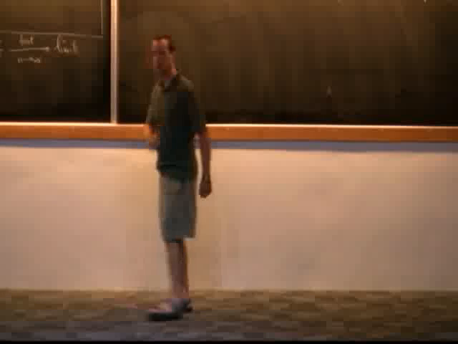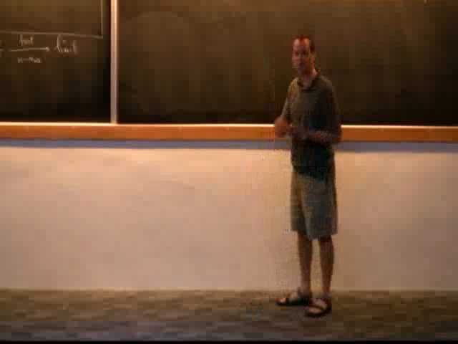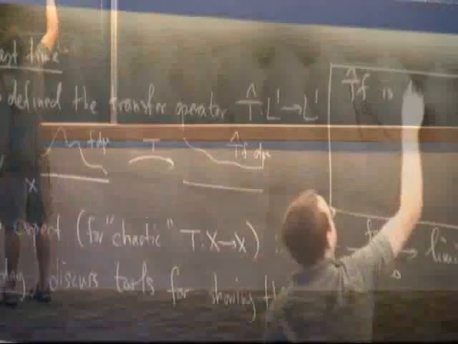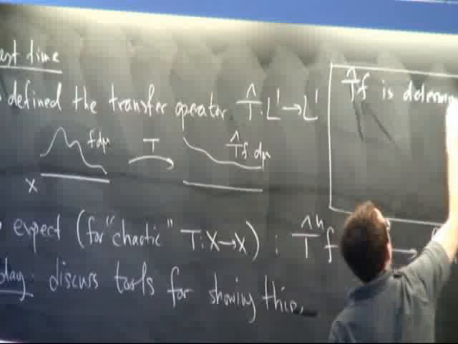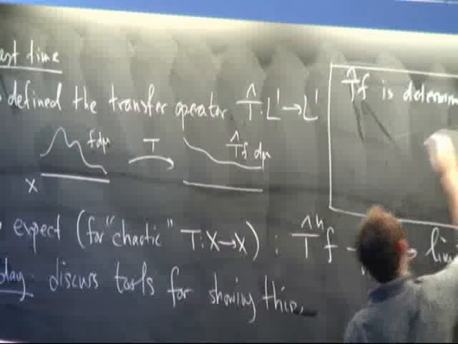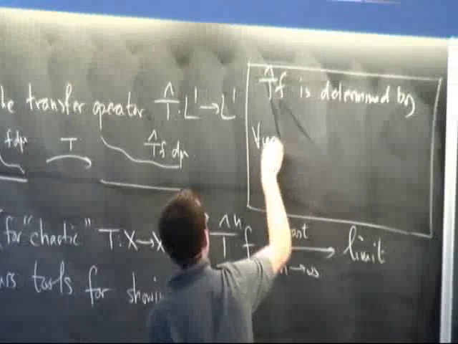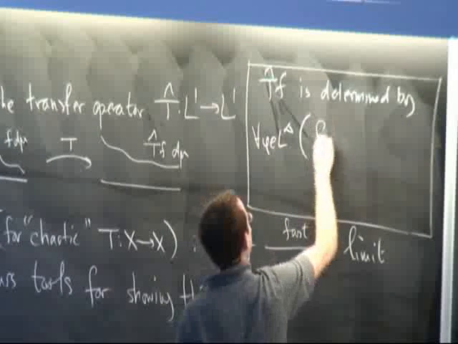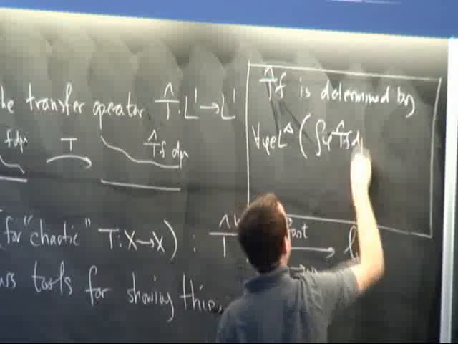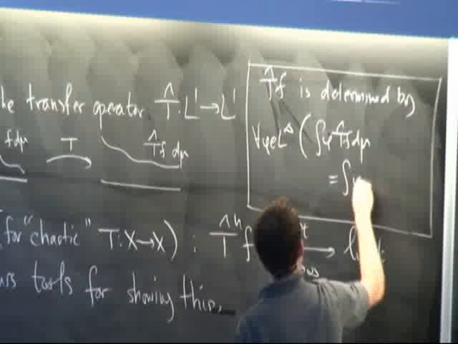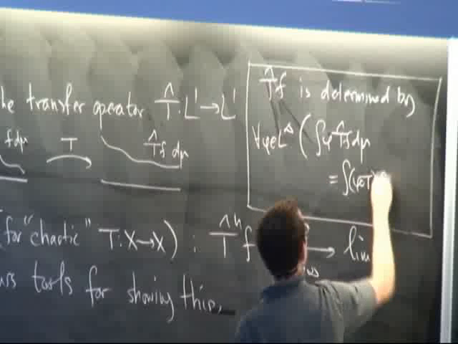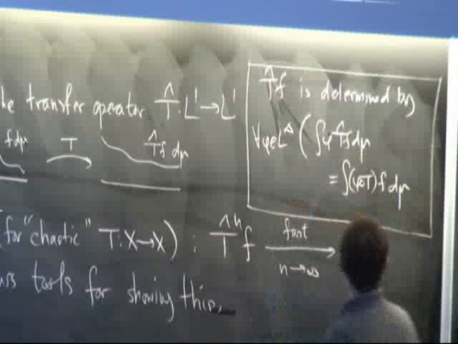I will not write the formula for the transfer operator because it's not very useful, but I will write the property which characterizes the transfer operator, which we discussed last time. So T hat F is determined by, for every test function phi in L infinity, the integral of phi against T hat F is the integral of phi composed with T times F d mu.